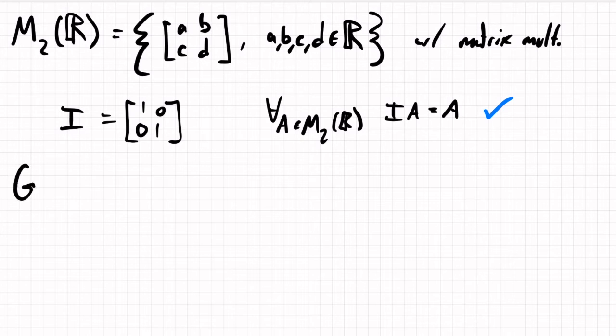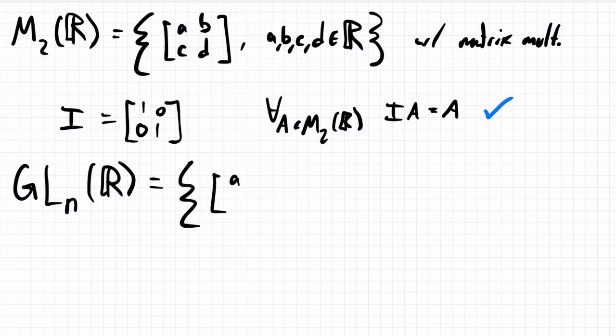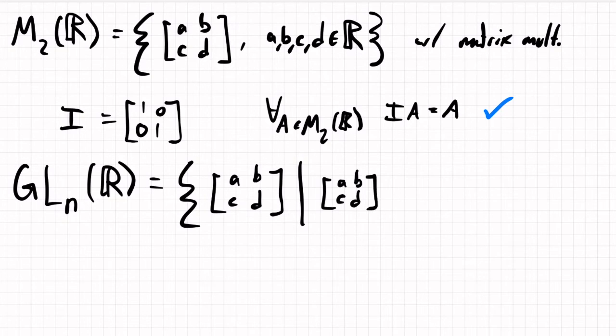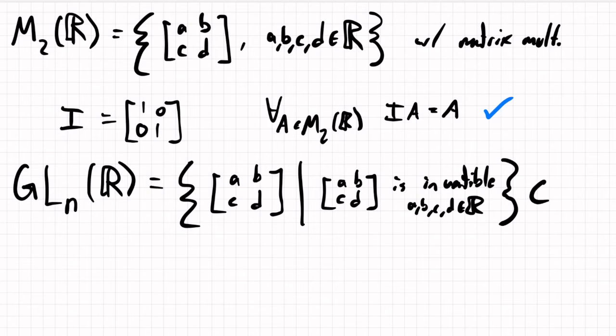The mathematical name that we use to describe this is GLN, and then we have R here. So this is the set of 2 by 2 matrices A, B, C, D such that it is invertible, and of course, A, B, C, and D are in R. And this is a subset of M2 of R.